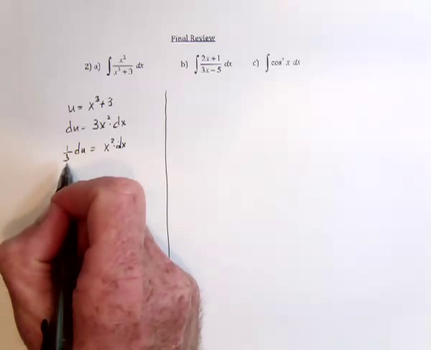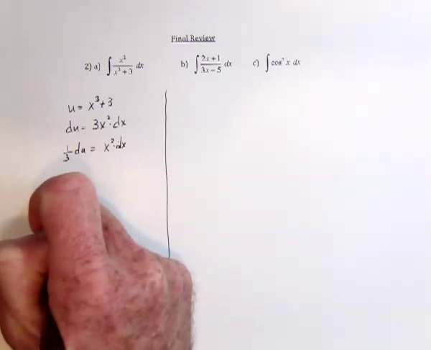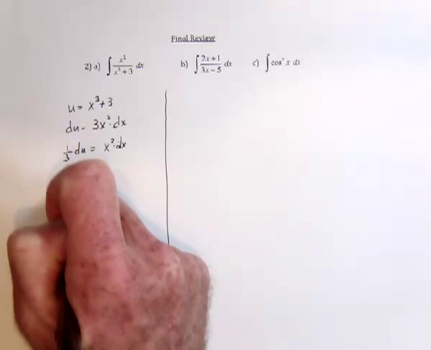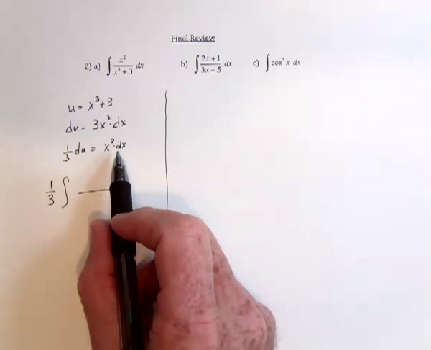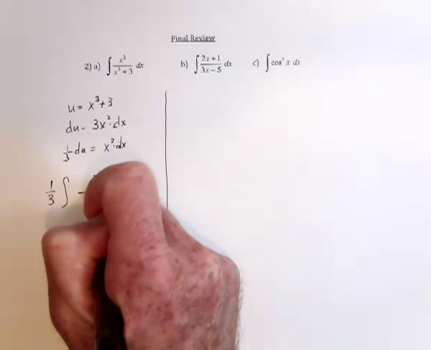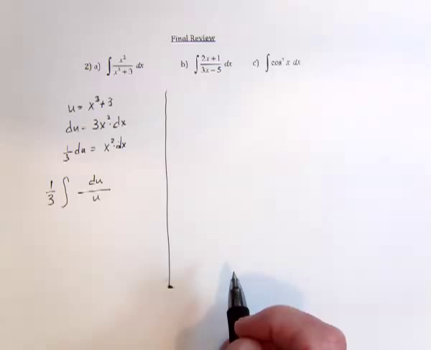So there's going to be a 1/3 du. I'm going to factor out the 1/3. And then the x squared dx gets replaced with 1/3 and du, and the denominator is u. And that is set up for the natural log.